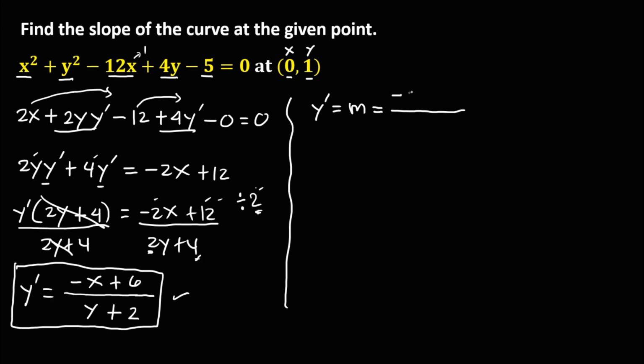So x is 0 plus 6, then y is 1 plus 2. To simplify, the slope equals 0 plus 6, that's 6, over 1 plus 2, that's 3. Therefore, the slope is equal to positive 2.